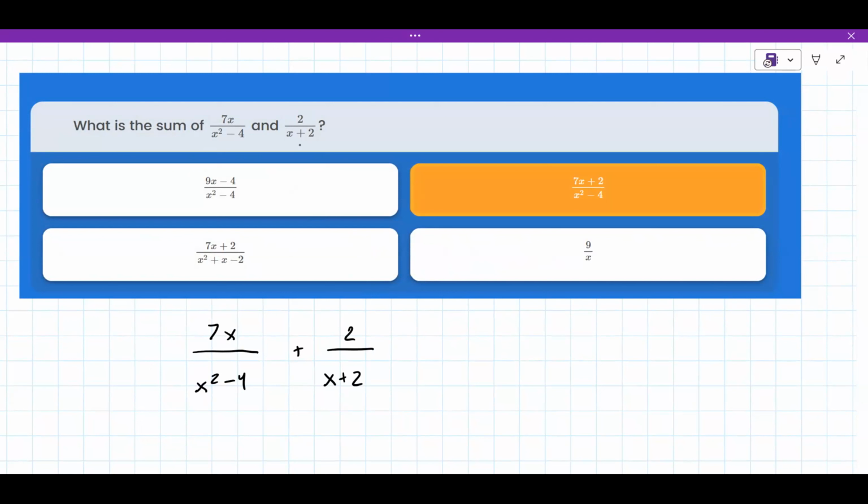I don't remember this. Okay, so first thing you have to do is make a common denominator. You do that by first factoring x squared minus 4. Do you remember how to factor x squared minus 4? Difference of squares. So this becomes x minus 2, x plus 2.